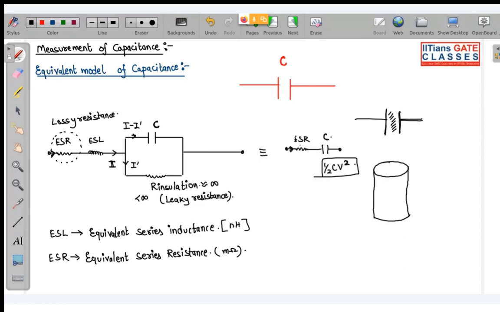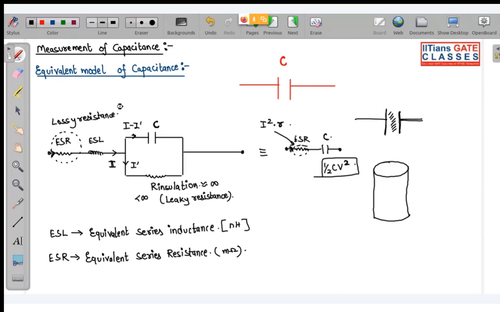But due to this resistance, there will be a continuous loss of energy. It will be I square into the value of this resistance, let it be R. So there is continuous loss of energy. That is why it is known as lossy resistance. So did we understand the difference between leaky and lossy? Leak always happens in parallel, loss always happens in series. Any doubt in this?